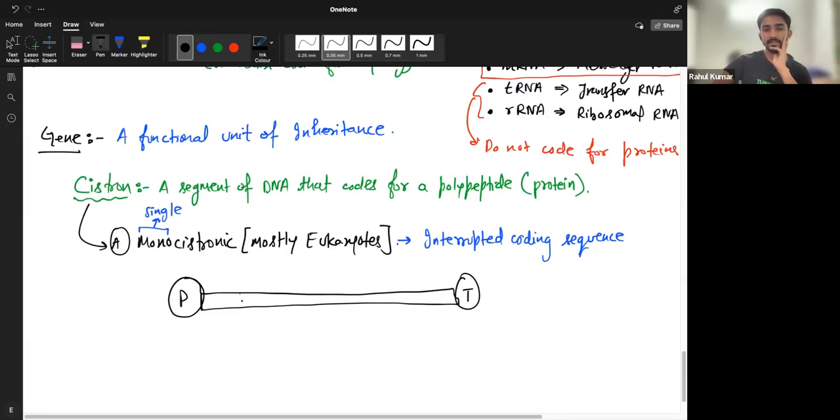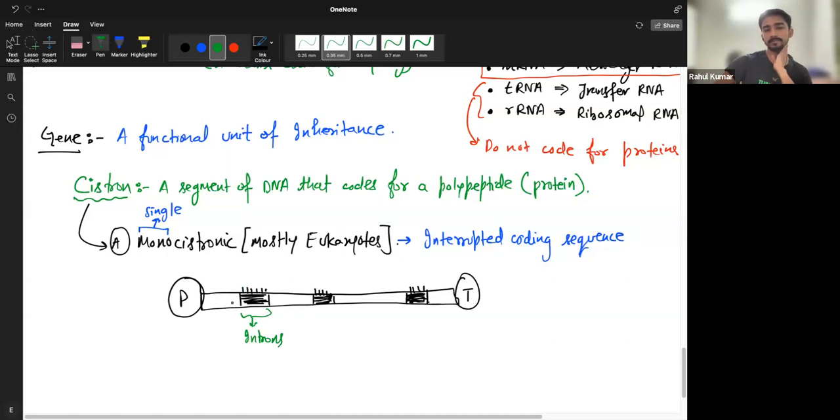In this structural gene, you will find regions in between which are not required to make protein. So these sequences which are not required are called introns.